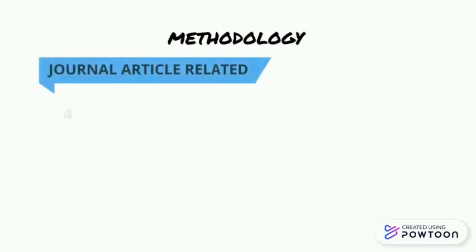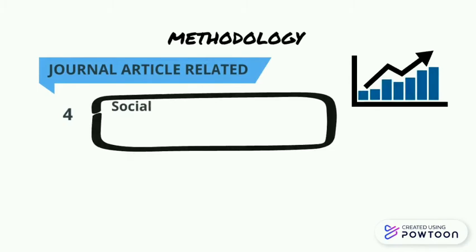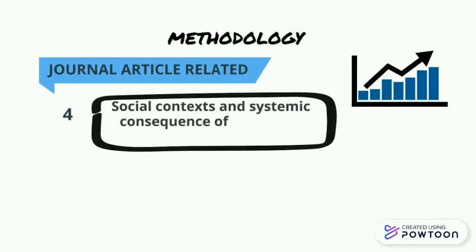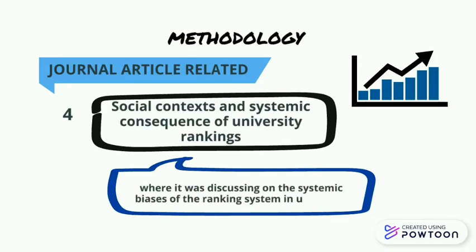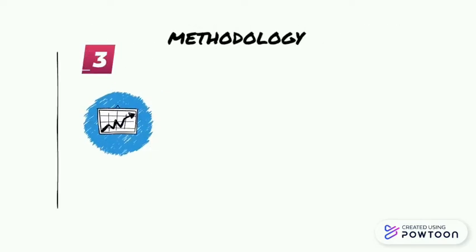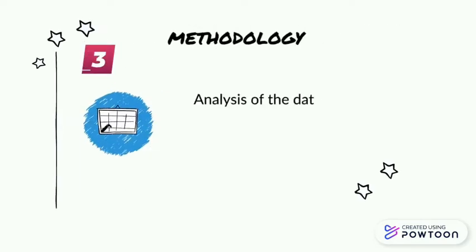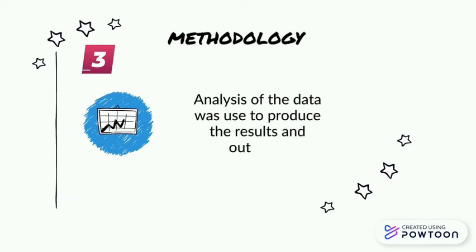The last related journal article is The Social Context and Systemic Consequences of University Rankings, where it was discussing the systemic bias of the ranking system in universities. Lastly, the analysis of the data was used to produce the results and outcomes of the study from which the secondary resources were collected.